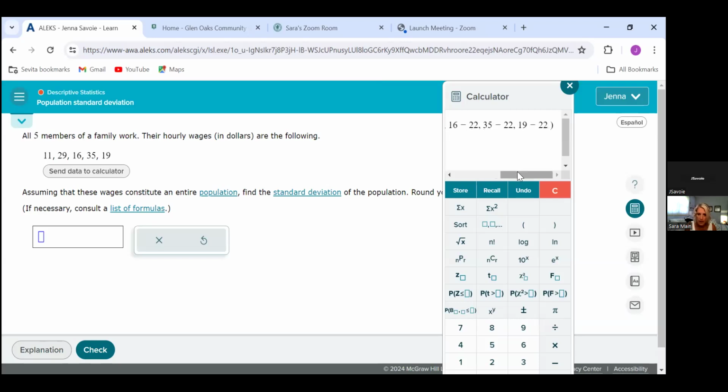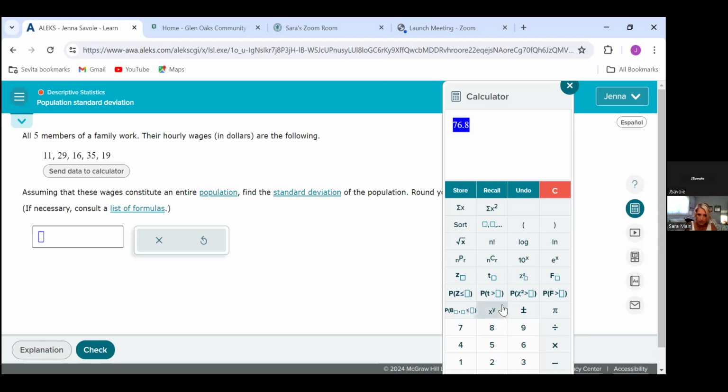Okay. And then what are we going to divide by? N, which is 6. No, which is 5. Right. We're going to divide by n because we have population data, not sample. 5. And then I like to just write it down for my own sake, but you wouldn't have to. And then right now we have a variance, because again, I'm just telling the people at home, we have a variance because we have not taken the square root yet.